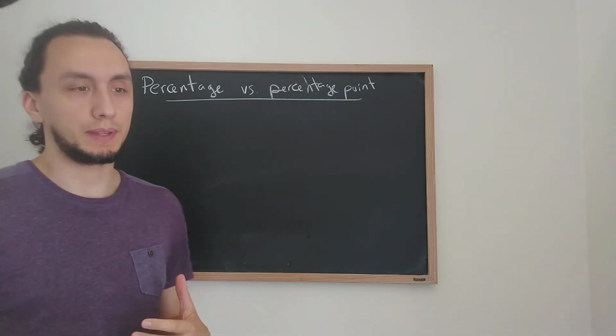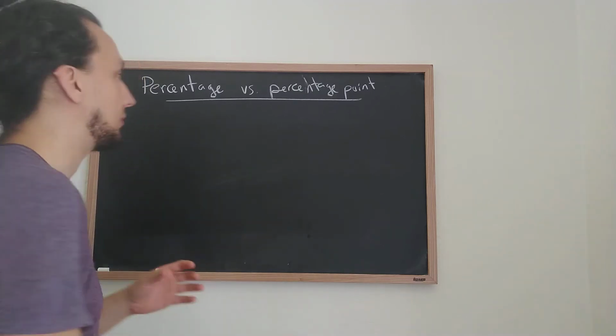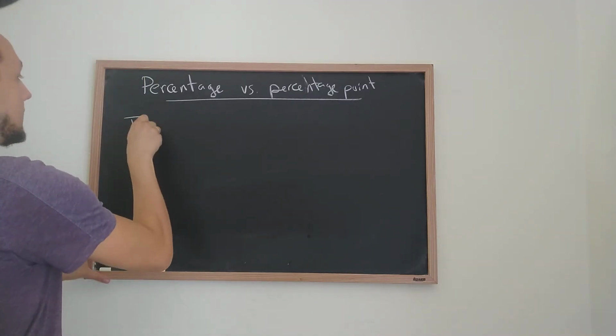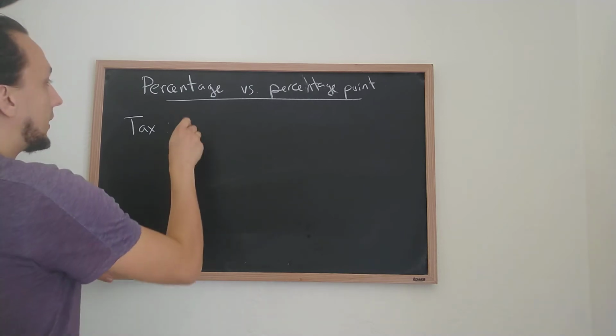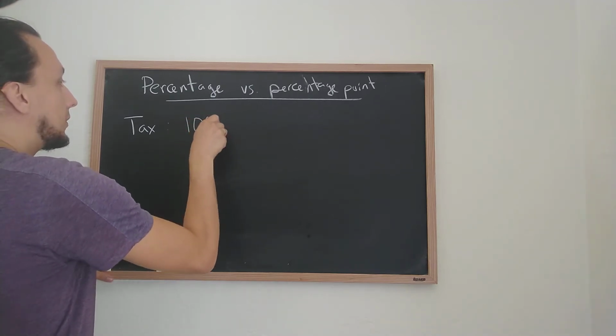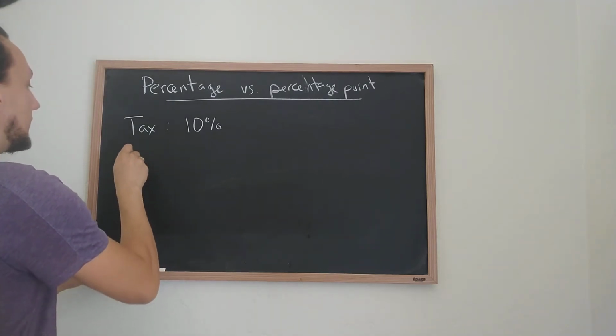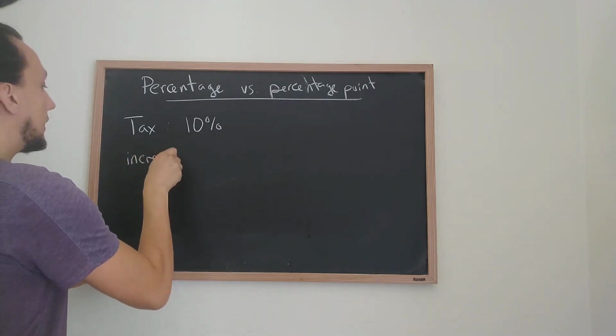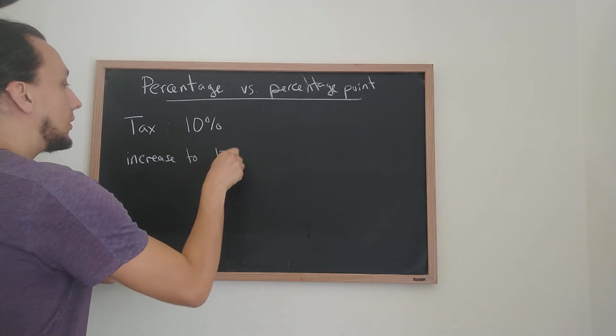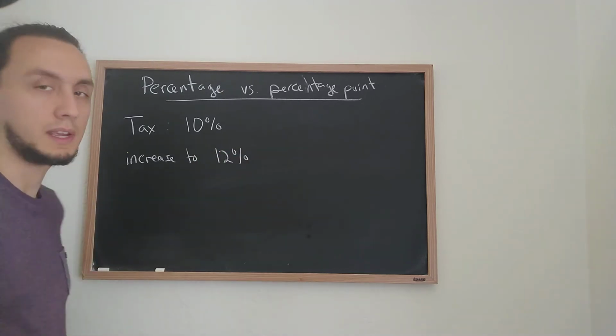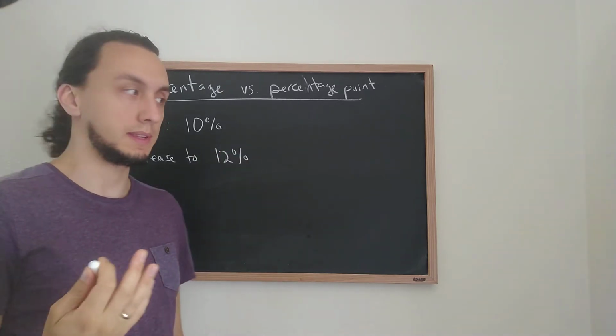So let's think about something like tax rate. Let's say that the tax rate, sales tax on something right now, is some easy number like 10%. And there's a proposal on the table to increase it to 12%. Now, how could we describe this increase?